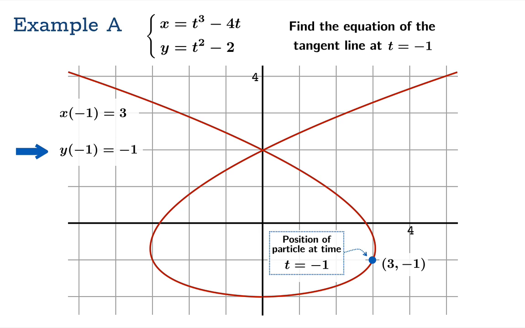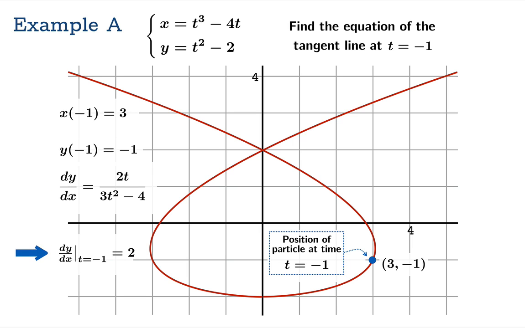Now we need to find the tangent slope. According to our formula, dy/dx should be the quotient of dy/dt by dx/dt. dy/dt is simply 2t, and dx/dt is the derivative of a cubic, 3t squared minus 4. That formula is apparently giving us the tangent slope at various times t. Let's plug in -1. Carefully evaluate this expression. You get 2.